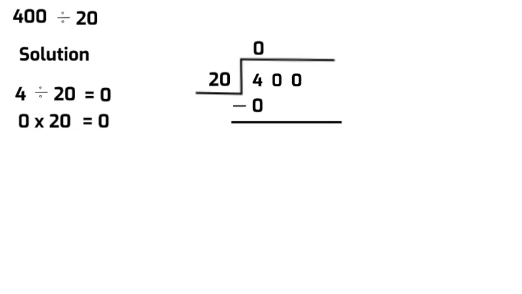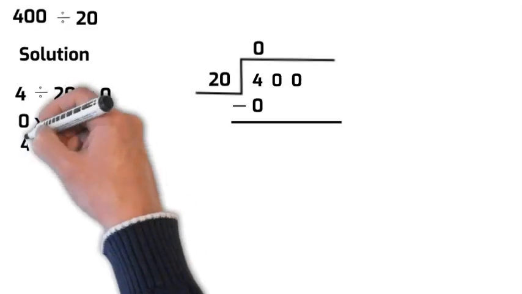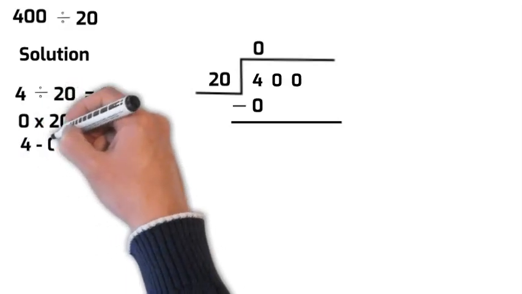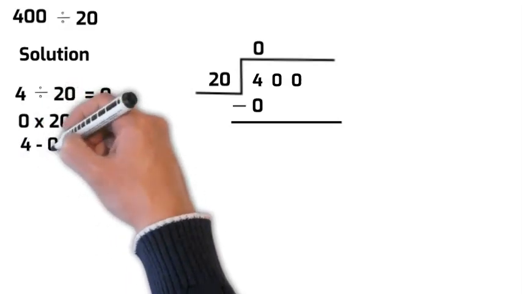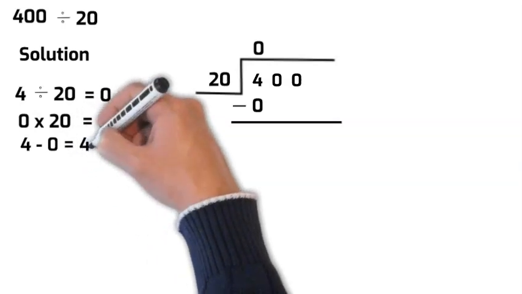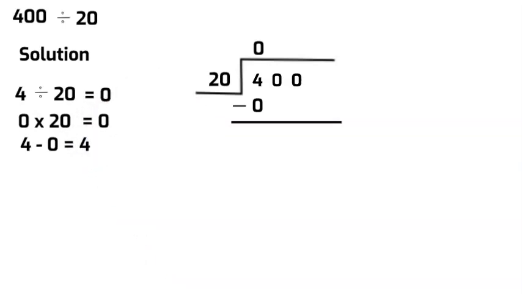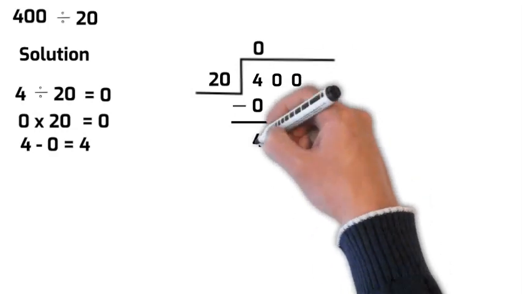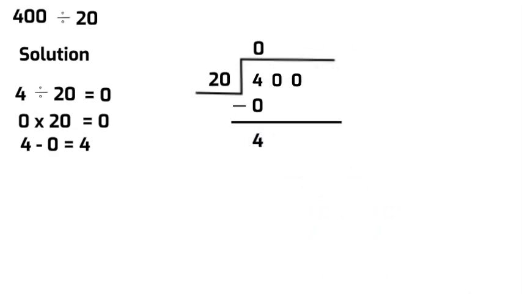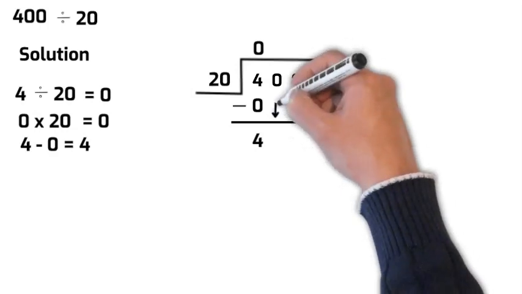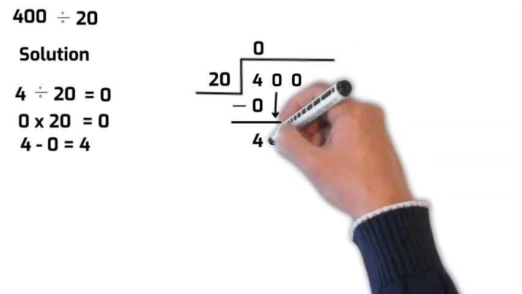Then we subtract. We say 4 minus 0. 4 minus 0 is equal to 4. We write down 4 right here and we bring down 0.